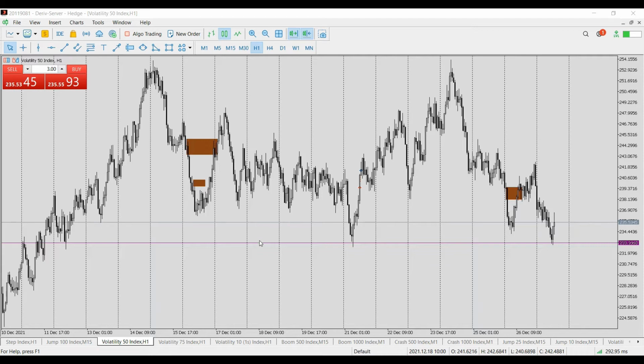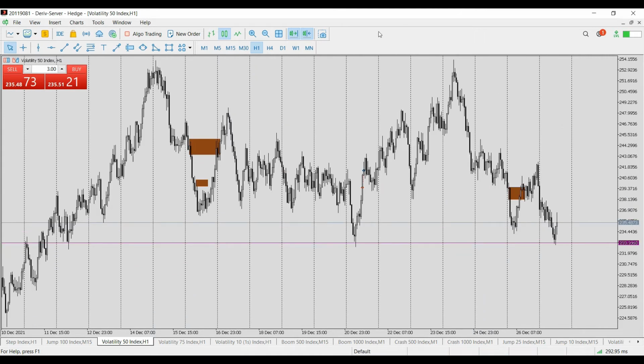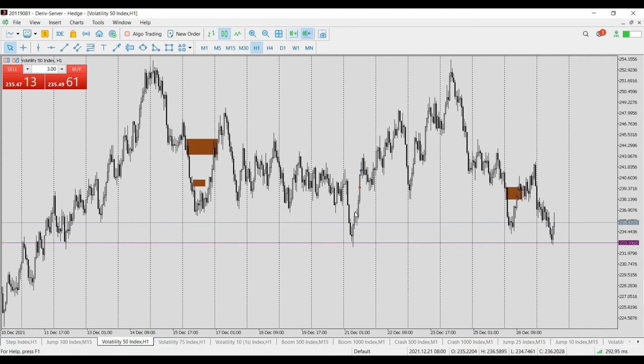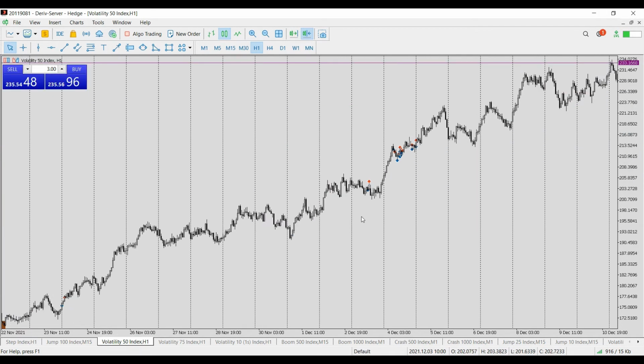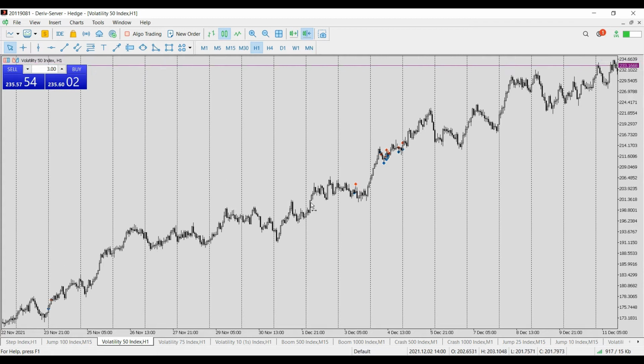So, guys, today we're going to be talking about refinement. According to the dictionary, refinement is the removal of unwanted or impure substances. It's somewhat related to abstraction, but here we're talking about refinement in terms of trading.